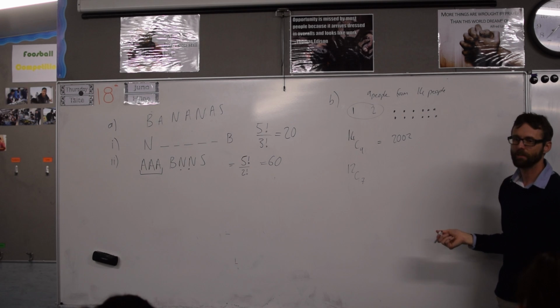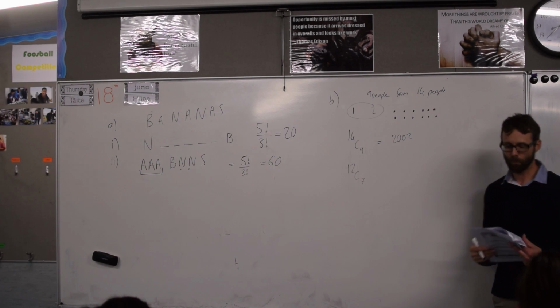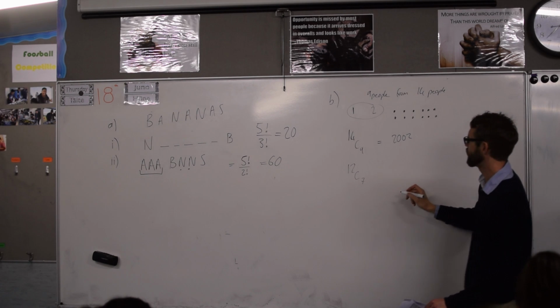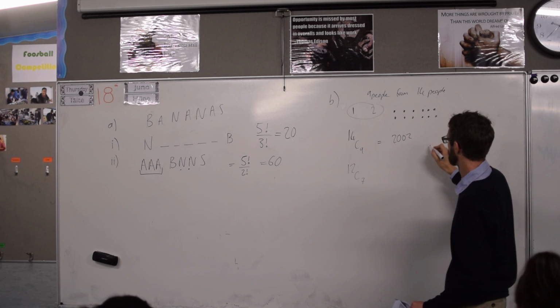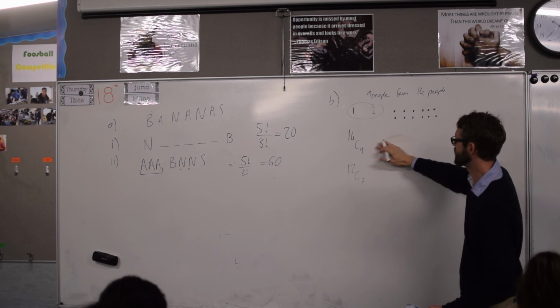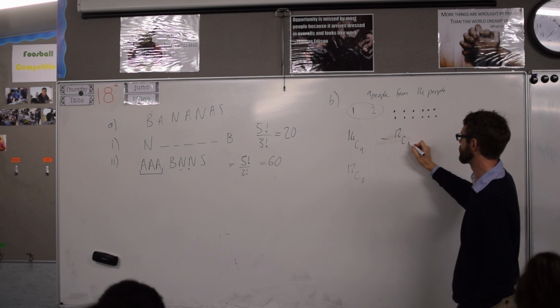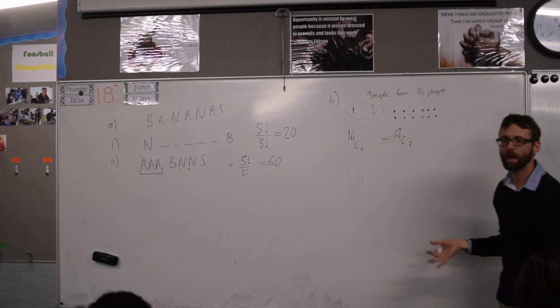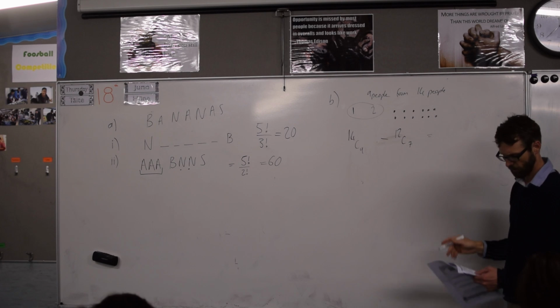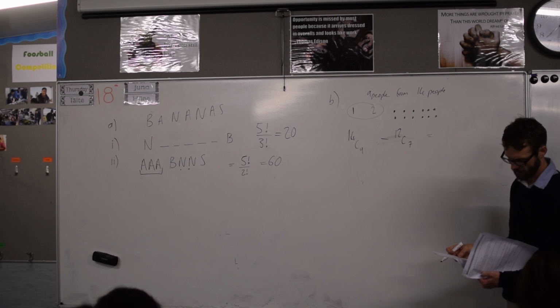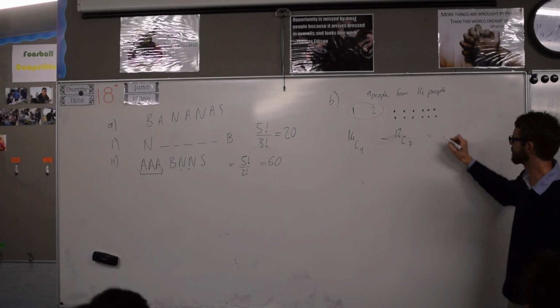There's 12 choose 7 ways of getting these 2 people together. So if we do 14 choose 9, subtract 12 choose 7, we'll get all of the ways that they're not in the team together. Which gives, well, I get 1,210 ways.